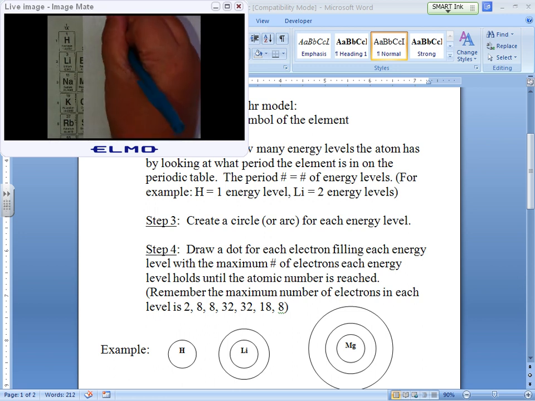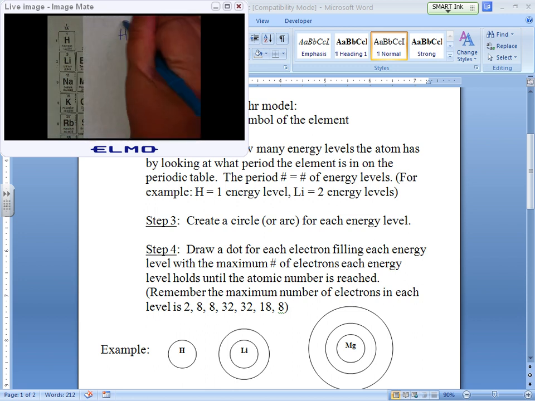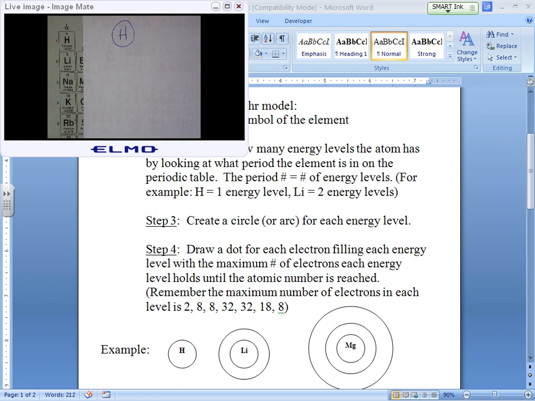So I draw 1 circle. How many electrons does hydrogen have? 1. So I draw 1 electron, and I am done. Super easy, right? Now I want you to try lithium on your own.